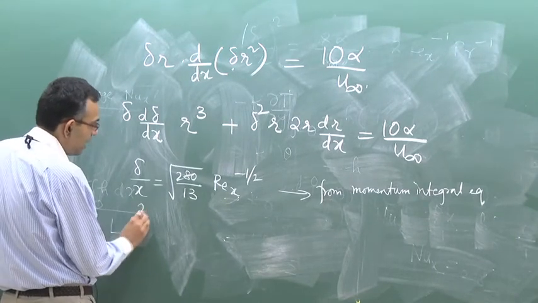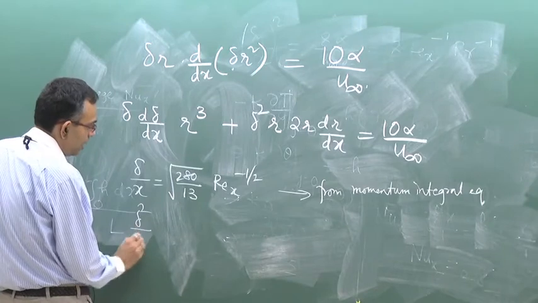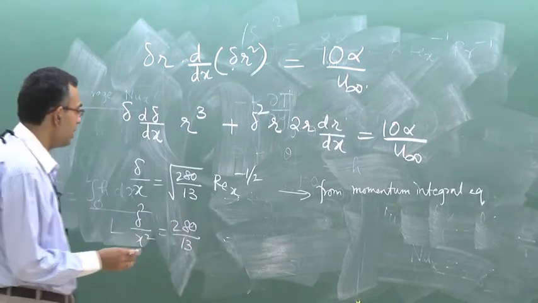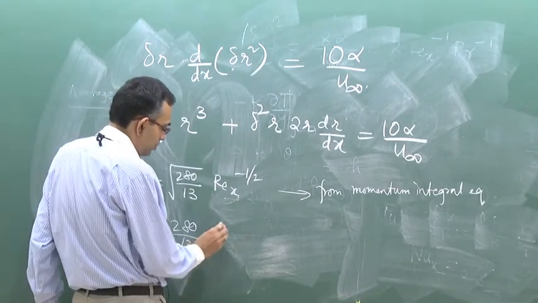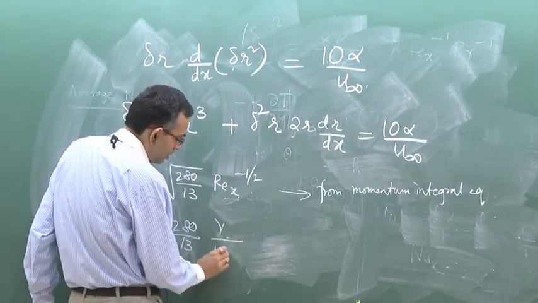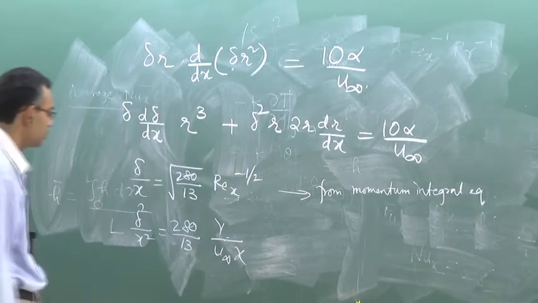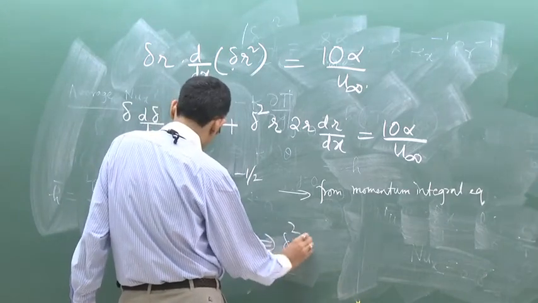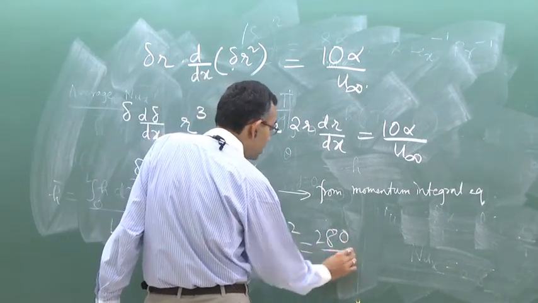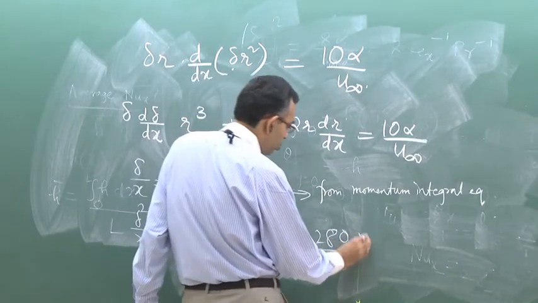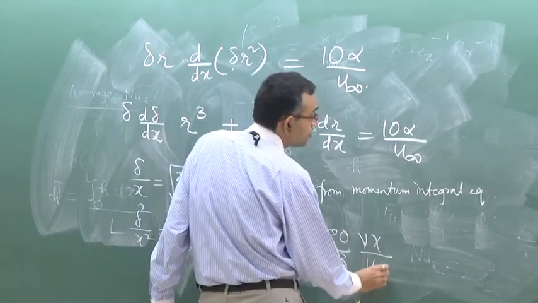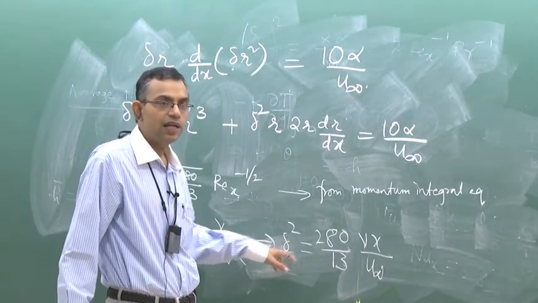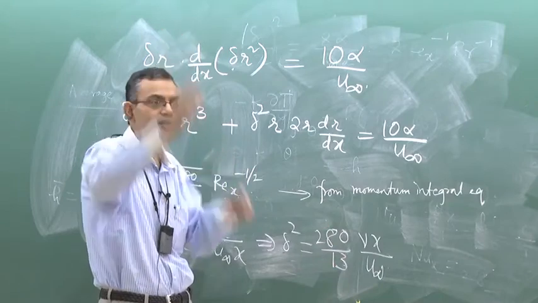So delta square by x square is equal to 280 by 13 into Reynolds number to the power minus 1, so nu by u infinity x, right. So delta square is equal to 280 by 13 into nu x by u infinity. So you can clearly see that delta varies with x to the power half, the edge of the boundary layer.